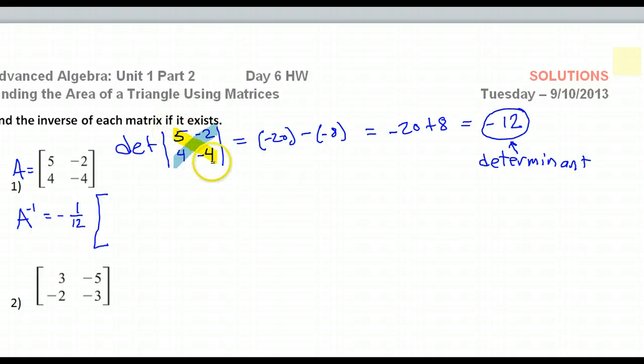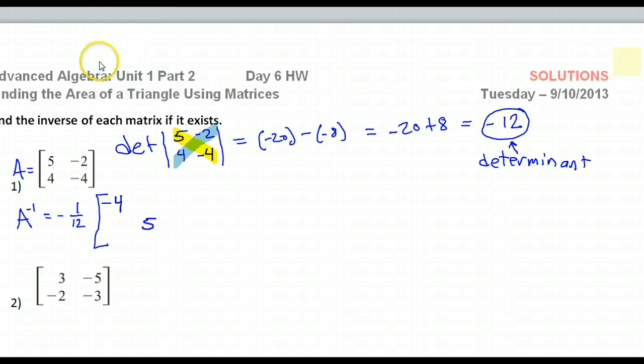But instead of reverse, reverse, I always say reverse, negate, reverse, negate. Because on the down diagonal, we reverse. So instead of 5, negative 4, I'm going to have negative 4 and 5. Okay, I reversed. And then on the up diagonal, I'm going to negate.